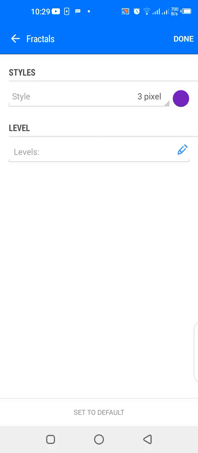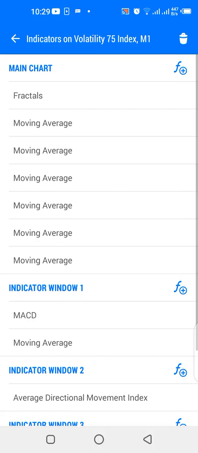But if the fractal arrow is pointing downwards, that means price is rejected at the bottom and the price may go up. So fractal is basically for highlighting point of support or resistance, as the case may be.